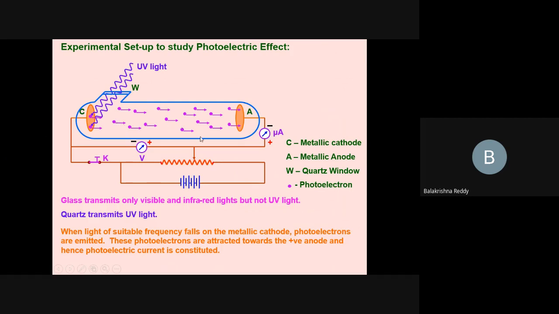These photoelectrons are attracted towards the anode, which is the positive terminal, and hence a photoelectric current develops, which we can notice by the deflection in the ammeter. Whenever the electrons reach the anode, it becomes a complete closed circuit, and there is a deflection in the ammeter that we can find.